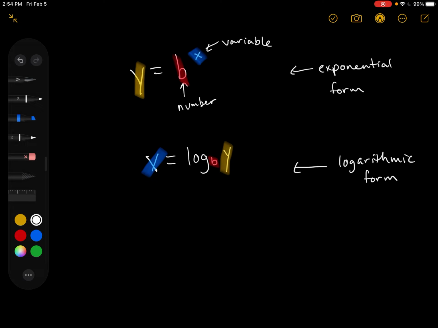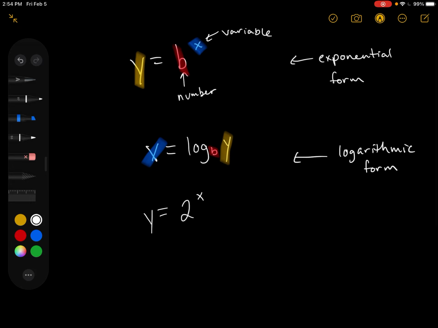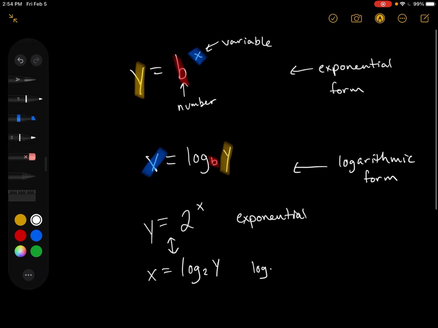So if we were to take something that we had been doing last week, like y equals 2 to the x power, what this would now turn into is we'd follow those same steps. So we'd plug in x for x. Our base b is now 2, and then our y value is still just y. So we have our exponential form, and now we have our logarithmic form.